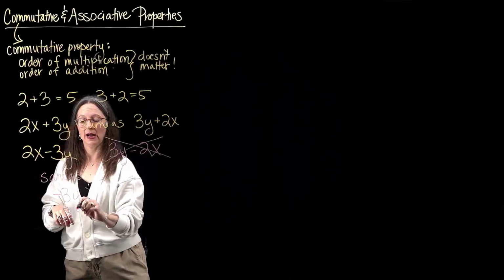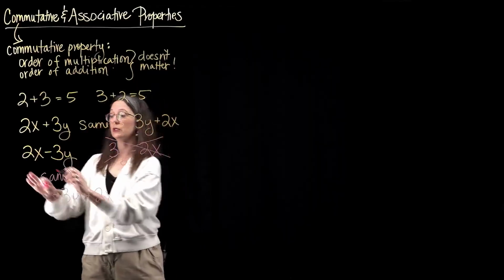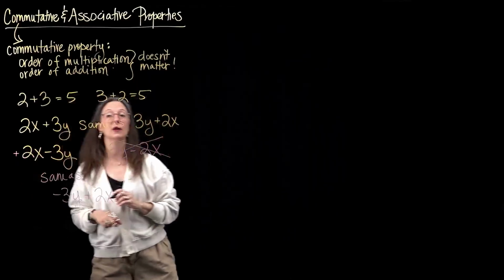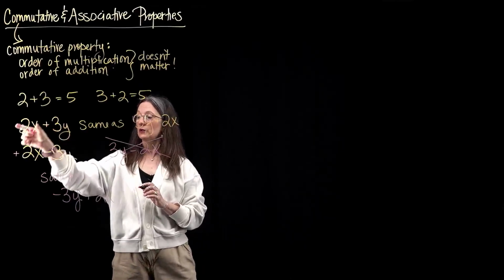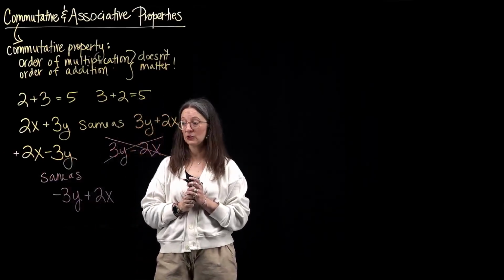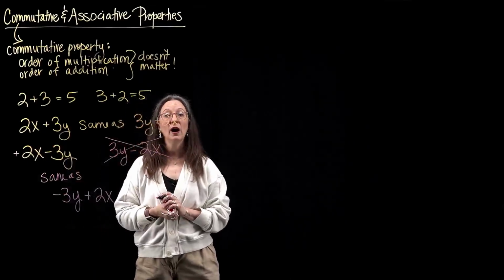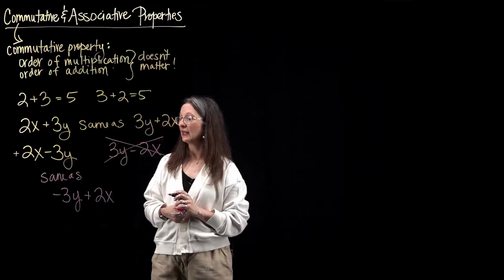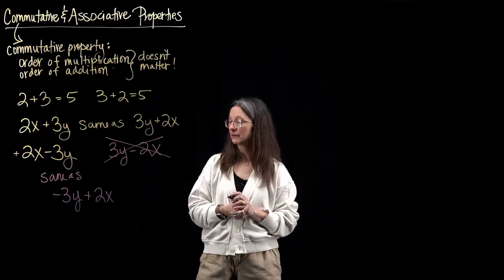Negative 3y plus 2x. Notice that this 2x has a sneaky plus on the front. And so we can switch those as long as they have their signs in the same position. So if you see 2x minus 3y, we can rewrite it as minus 3y plus 2x.